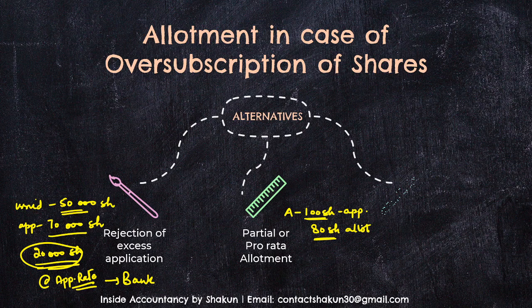The third alternative is the combination of the above two alternatives, that is rejection of excess application money and pro rata allotment. Under this situation, some applications may be directly rejected and their money refunded through bank, and some may be given pro rata allotment. So it is a combination of the previous two alternatives that we have discussed.